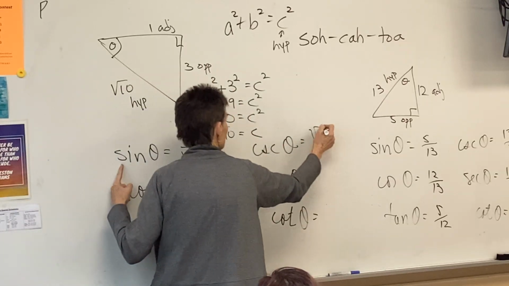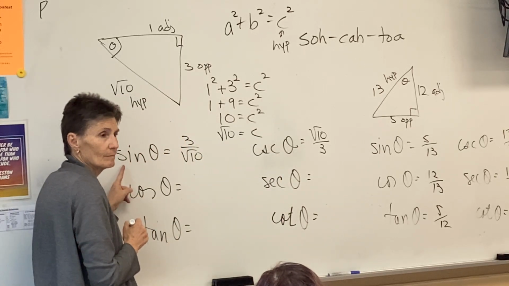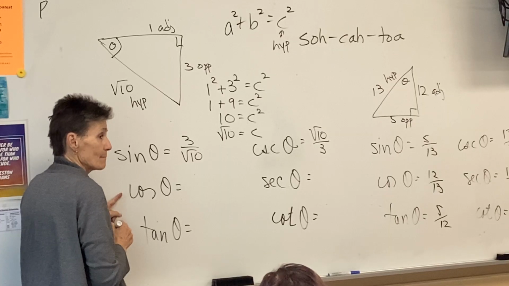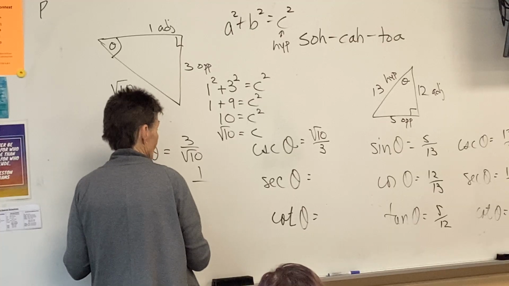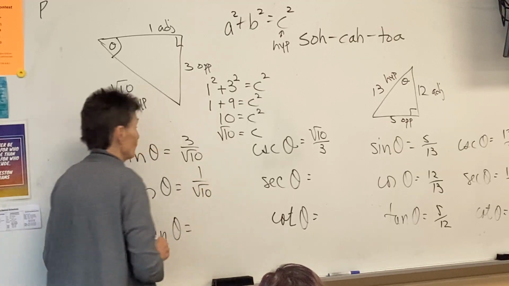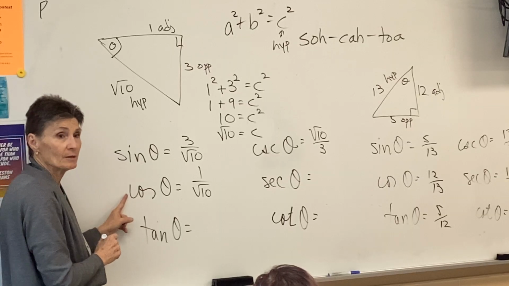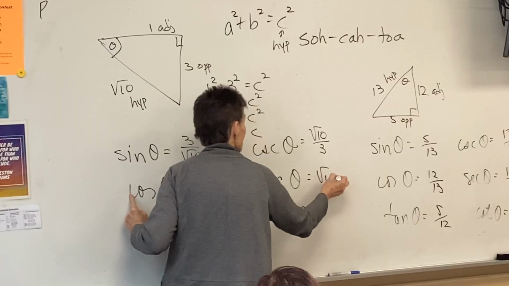Cosecant then is root 10 over 3. What's the cosine? 1 over root 10. Adjacent over hypotenuse. So secant is root 10 over 1.